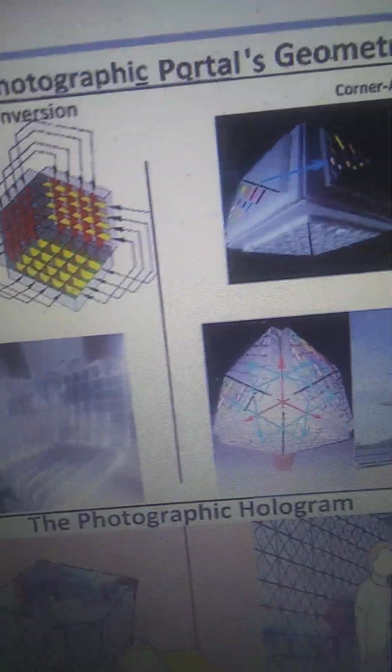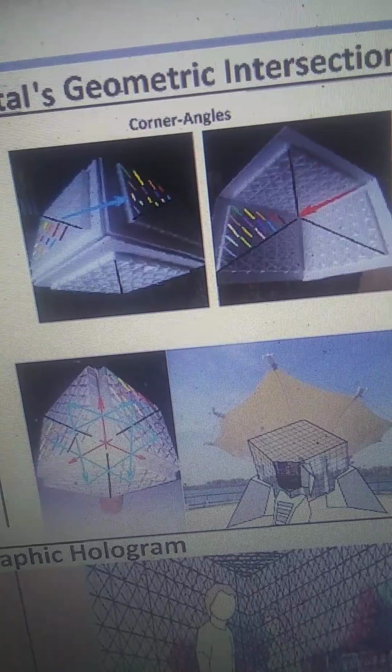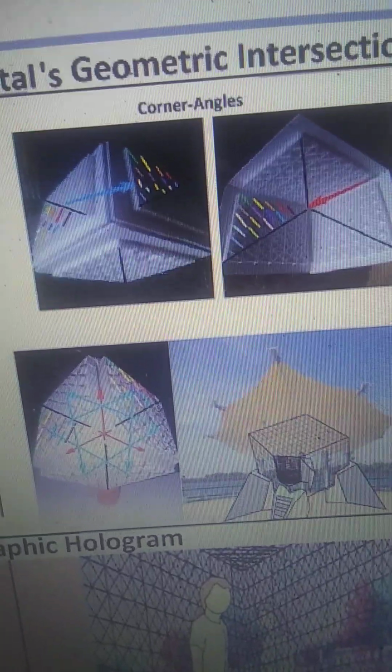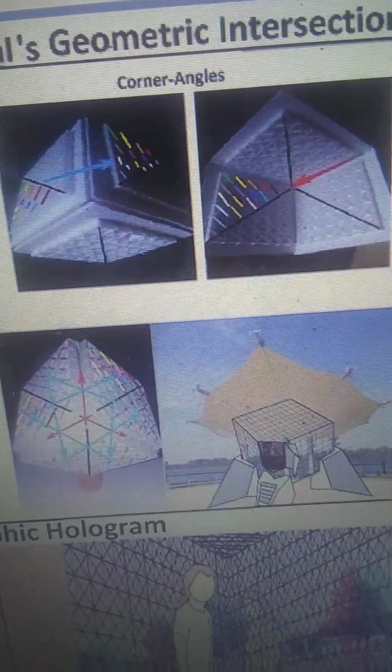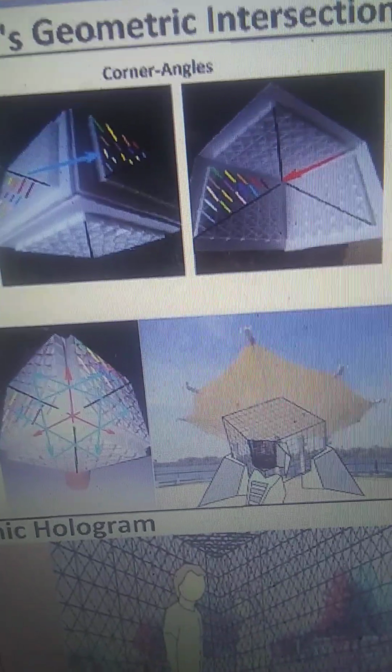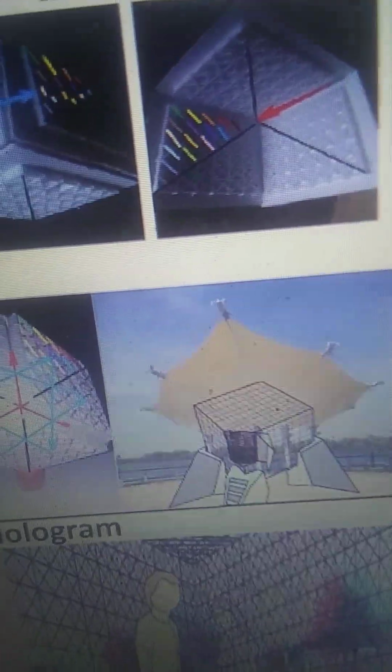That's that low-tech photographic invisibility, and this shows the corner angle views. And this was a little bit more difficult part to figure out. This shows how it will all come together to create all the three qualities. This is the third quality. Beyond invisibility and holodeck, the photographic hologram.